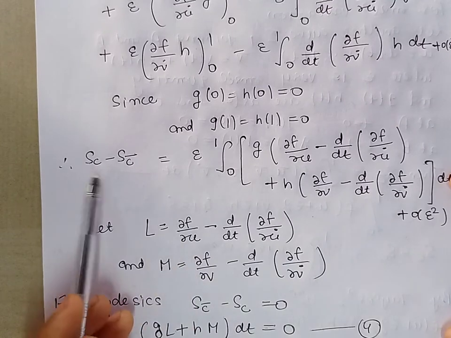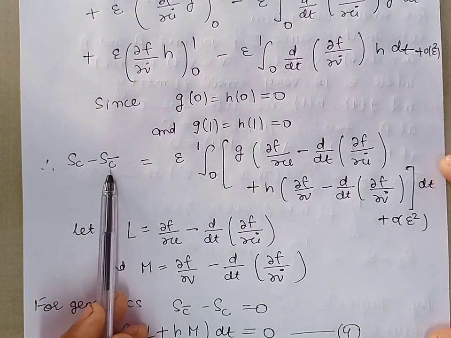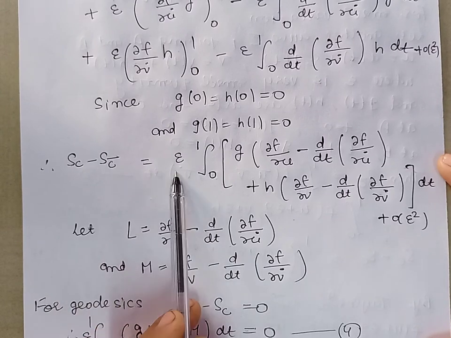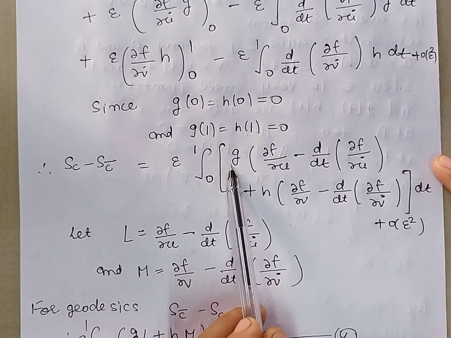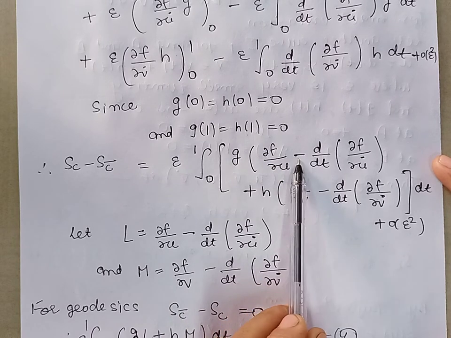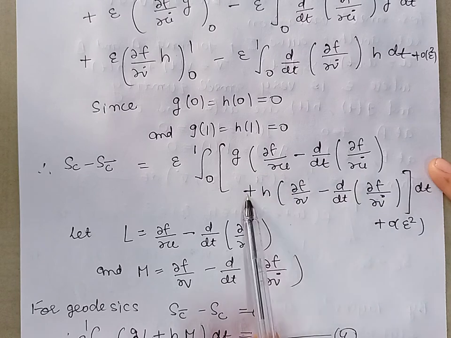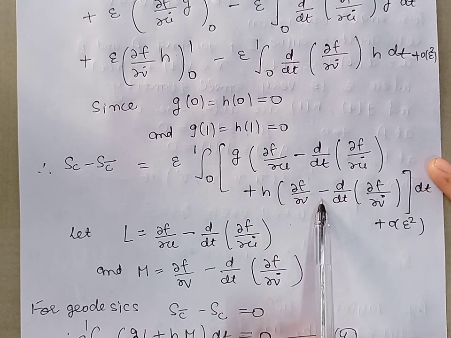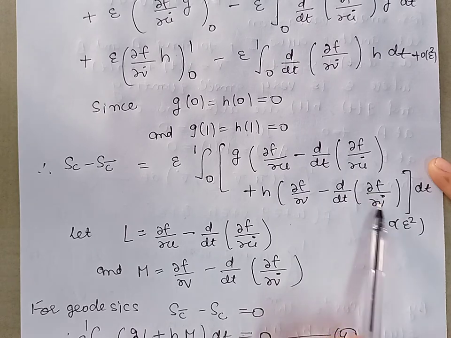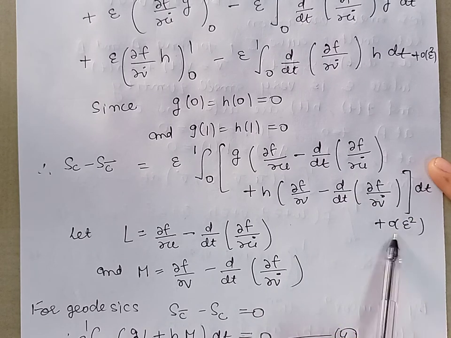So finally we get the length of curve C minus the length of curve C bar is equal to epsilon into integral 0 to 1 g into [∂f/∂u minus derivative of ∂f/∂u dot] plus h into [∂f/∂v minus derivative of ∂f/∂v dot] into dt, and plus order of epsilon square.